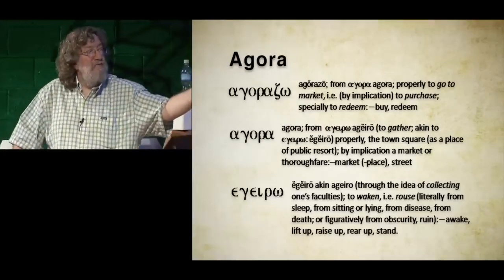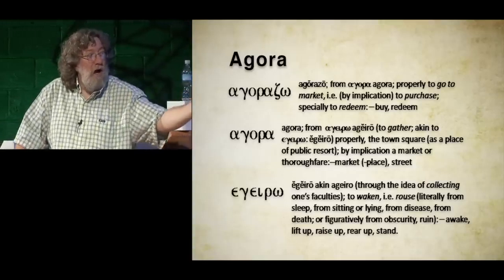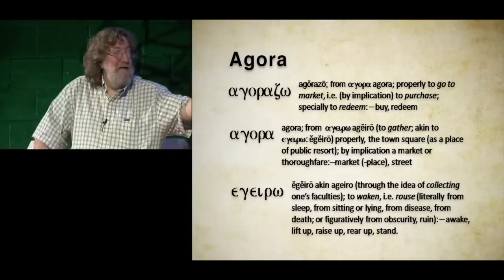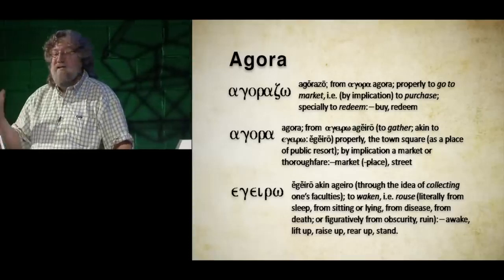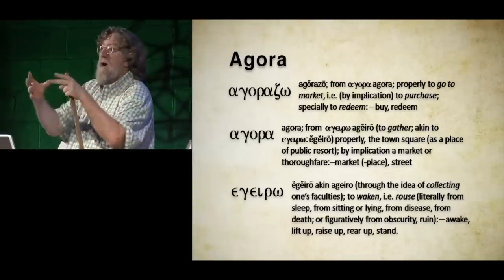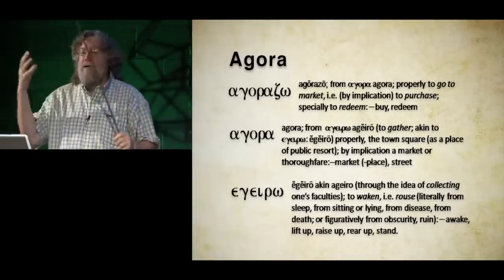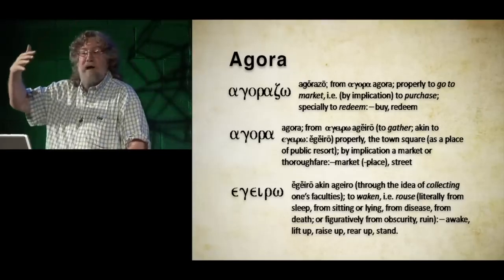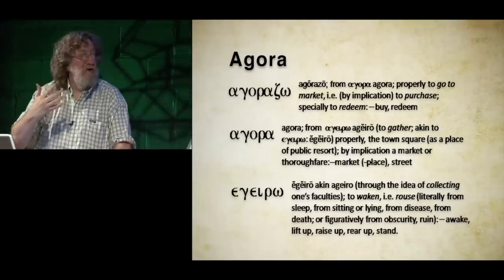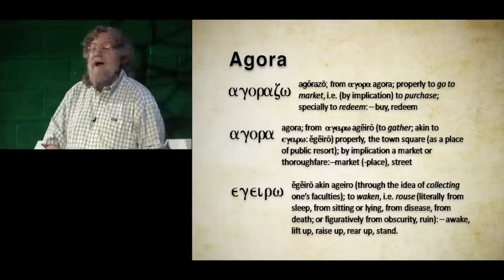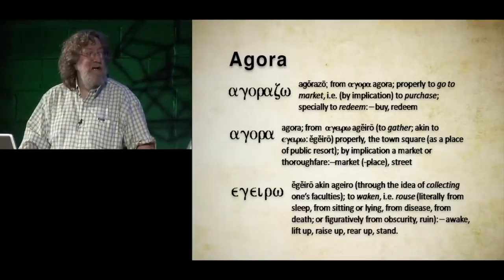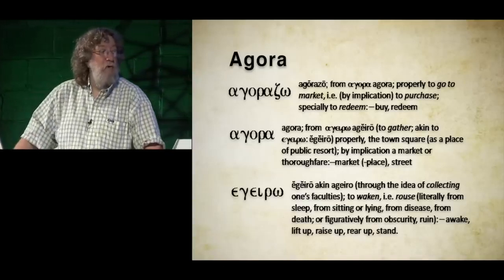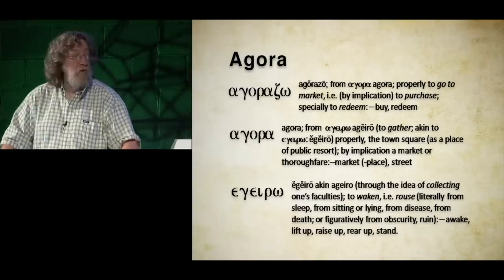And it comes from this root, agora, which is related to aguero, the idea of collecting one's faculties. This is the idea of collecting within the square again, right? Thinking metaphorically about collecting one's faculties, but also to waken or to rouse literally from sleep, from sitting or lying, from disease or death, or figuratively from obscurity or ruin.